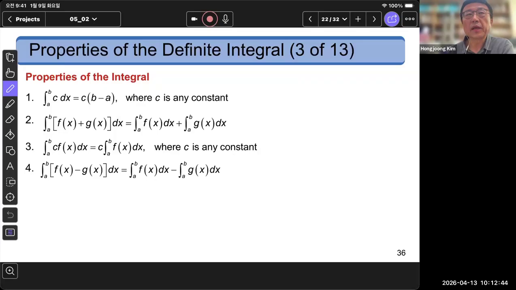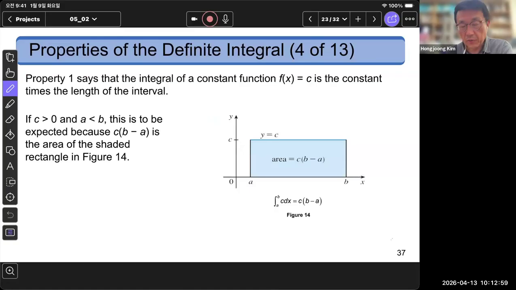And if I integrate a constant c from a to b, what does that mean? That means I have a constant function c from a to b, and as I said, the integration represents the area of the region bounded by the graph and the x-axis.